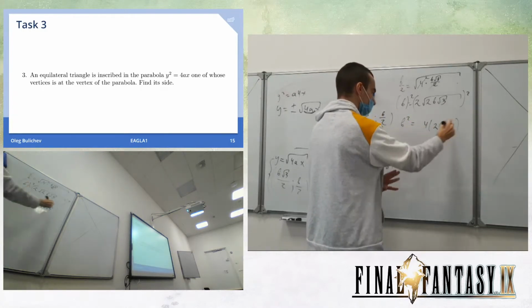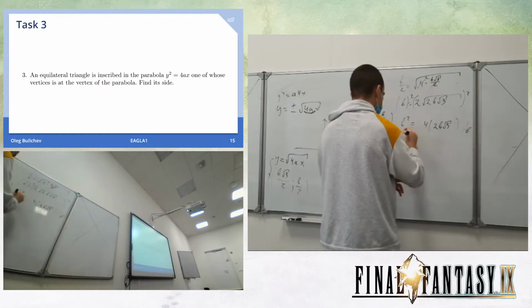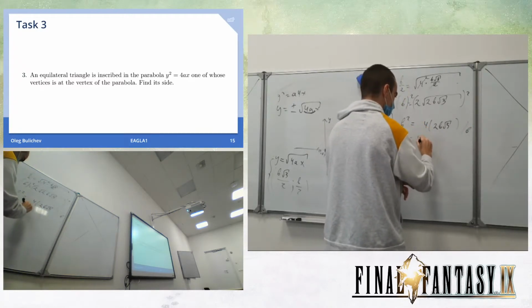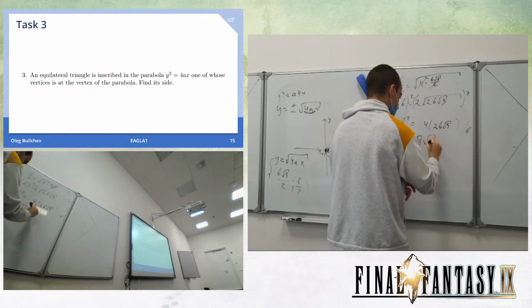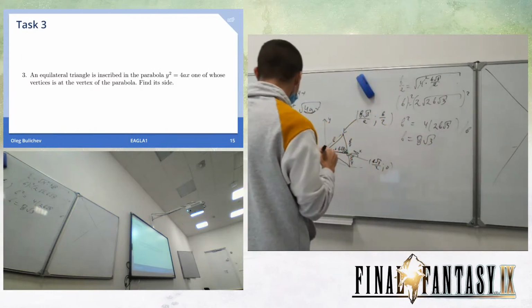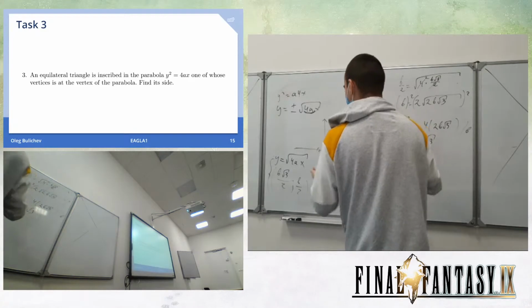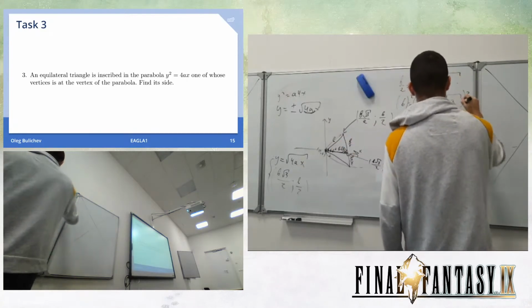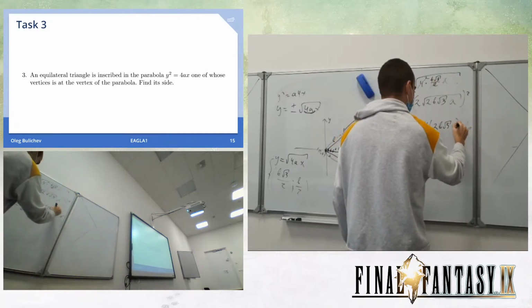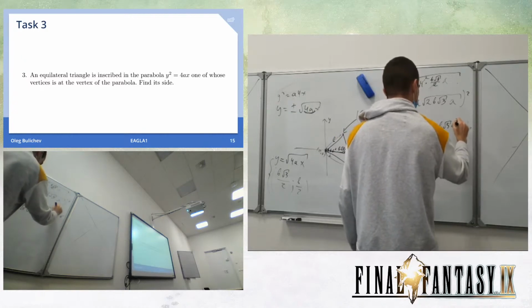И получаешь 8b корней из 3. Ты молодец. А куда ты дел? Я написал X, а думал Y. Я перепутал.